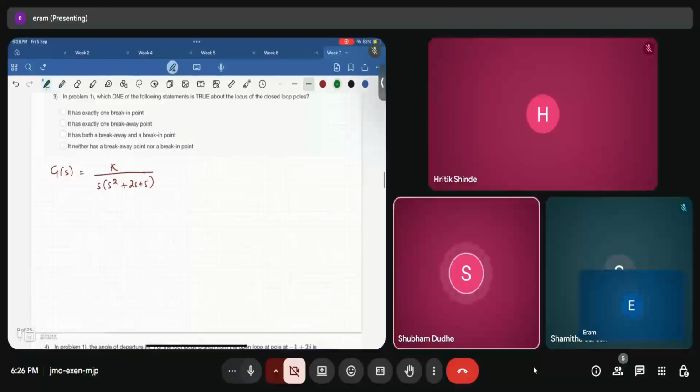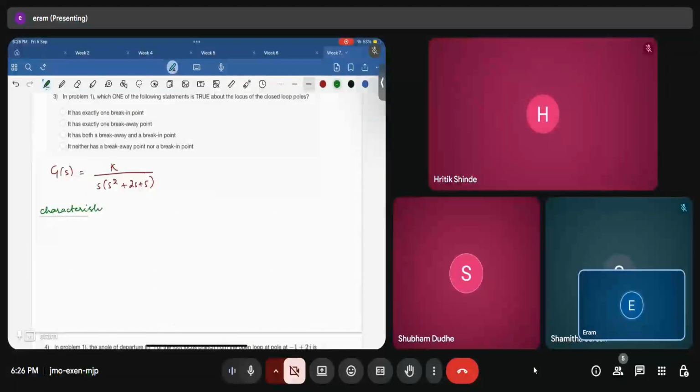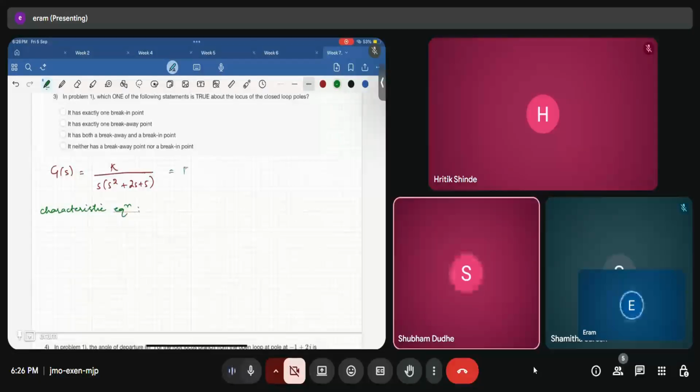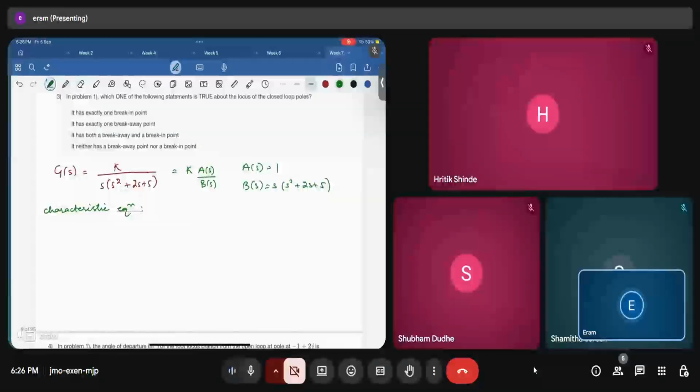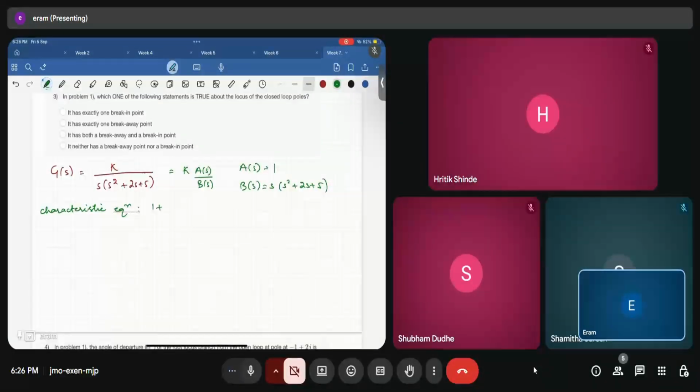First we write the characteristic equation, which is nothing but, if we write it as k A(s) by B(s), where A(s) is 1 and B(s) is s into (s square plus 2s plus 5), then the characteristic equation is nothing but 1 plus GH equals 0.